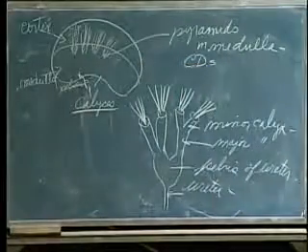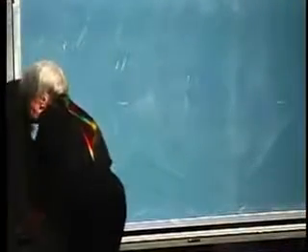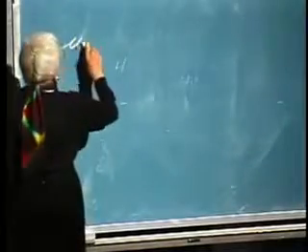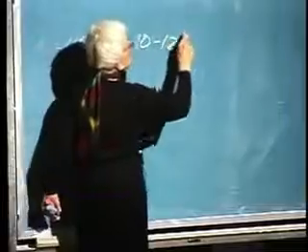How big is your ureter? How long? The ureter, it's about 10 to 12 inches.